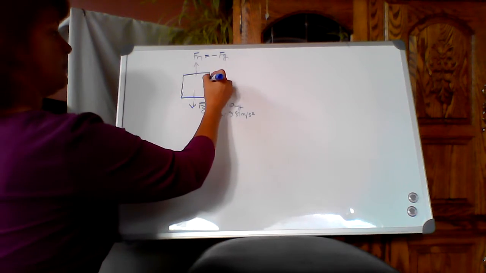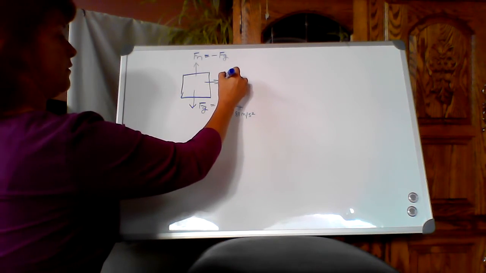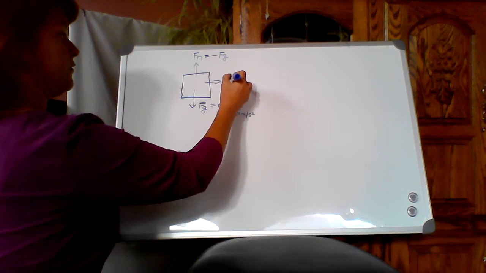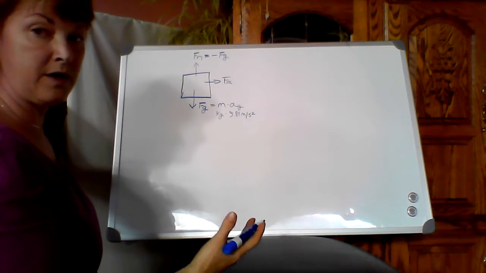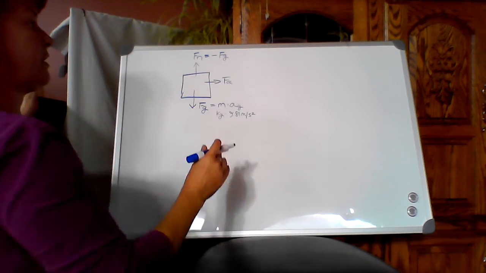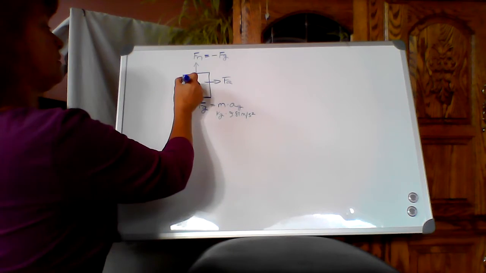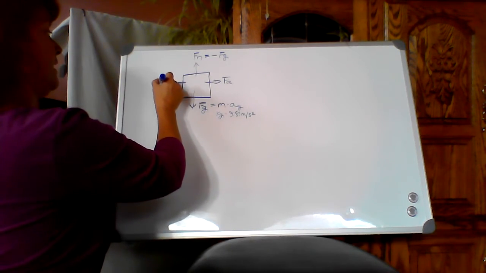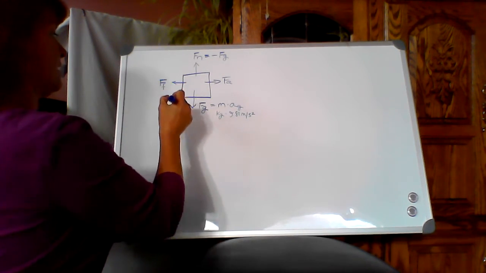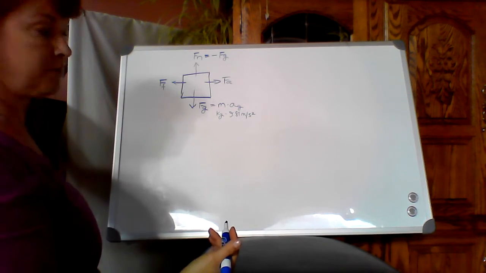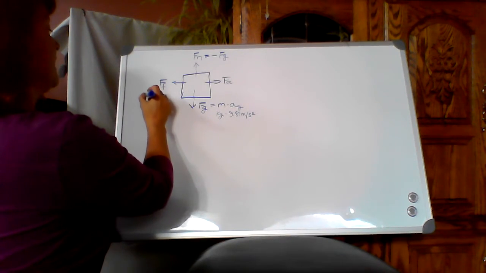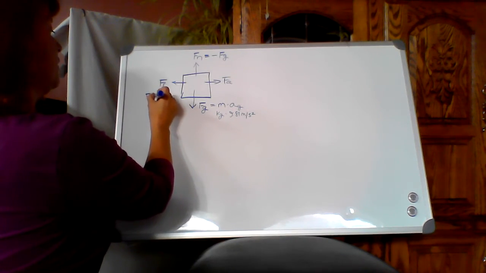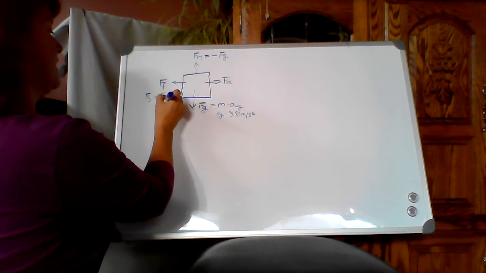The other forces that act on an object include the force applied. So if somebody's pushing on it or pulling an object, that's the force applied. And the force that opposes the force applied is the force of friction. When we worked in our labs this week, we learned that the force of friction can either be static or kinetic.